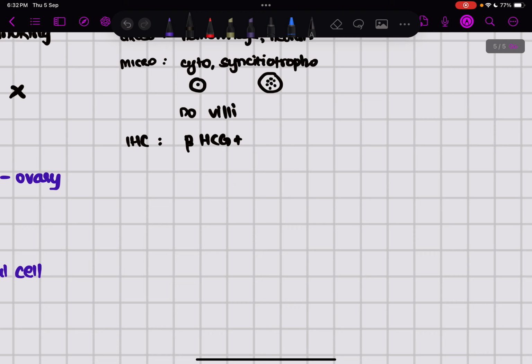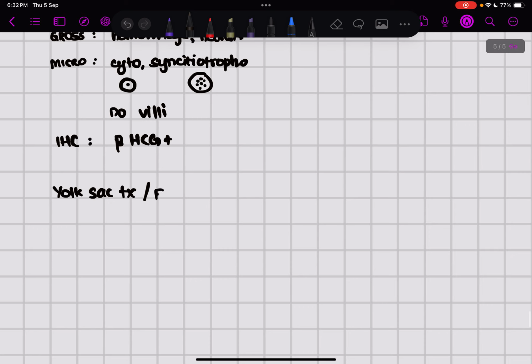Now moving on to the next one, which is yolk sac tumor or endodermal sinus tumor, which is the other name.